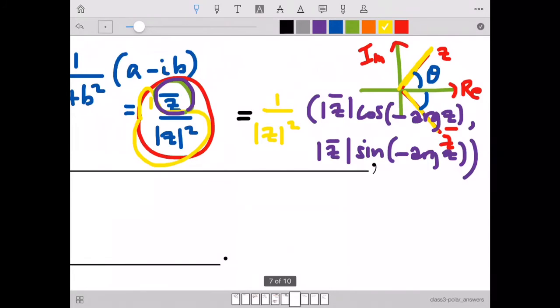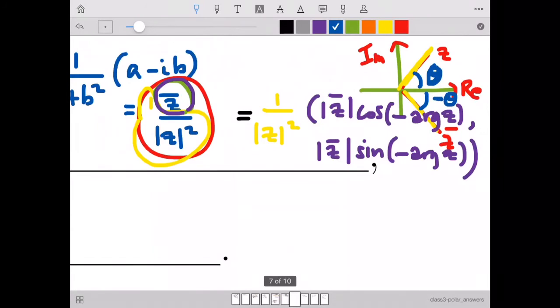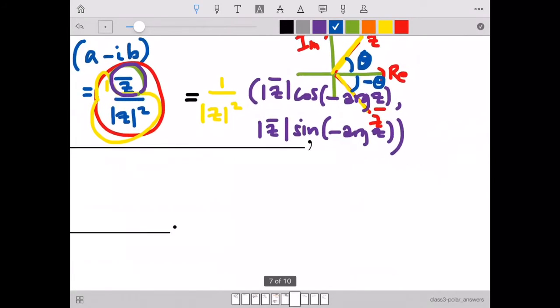If arg of z is theta, then arg of z bar is minus theta.